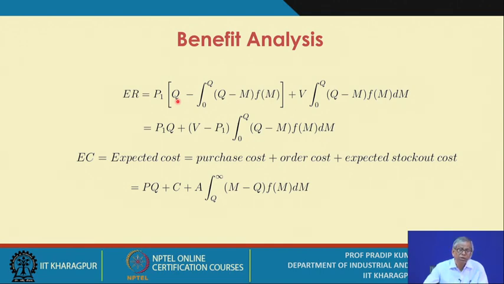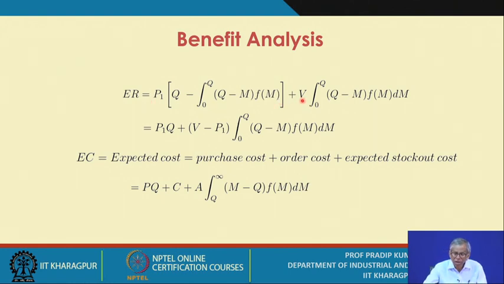So that's why we consider the expected number of units remaining unsold, which is the integral of (Q minus M) Fm when M varies from 0 to Q. That means this is the expected number of units remaining unsold. So that's why Q minus this expression, and P1 is the unit sales price.